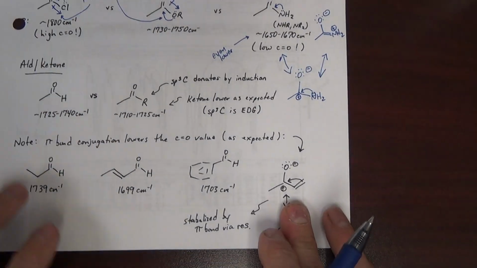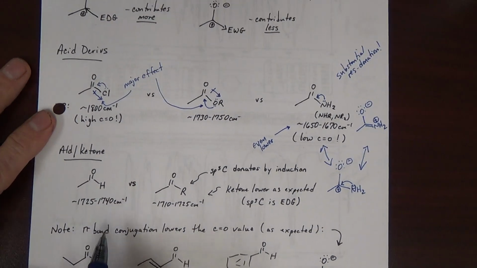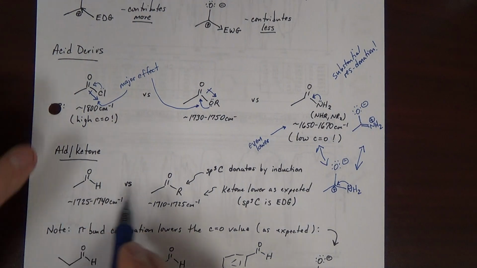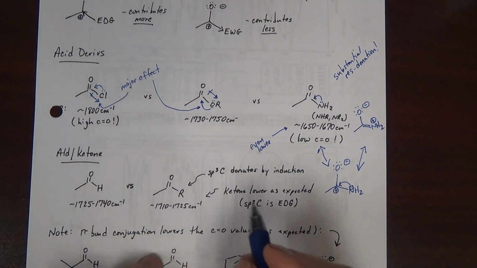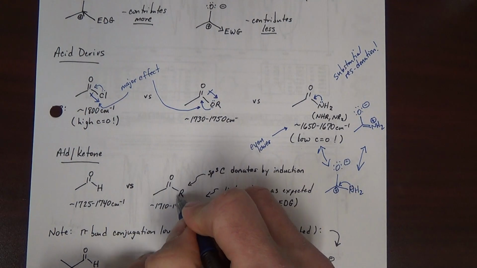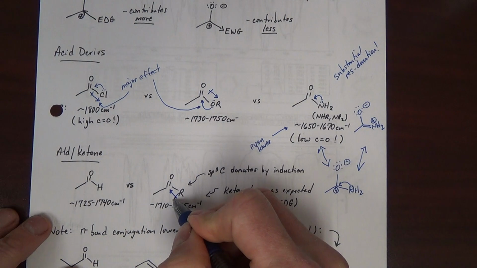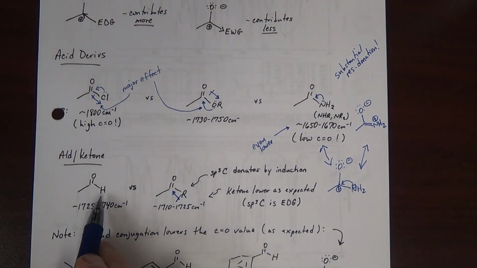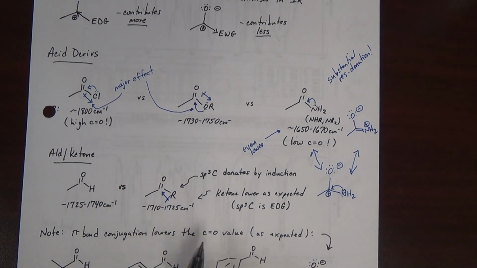Okay, what about aldehydes and ketones? Well, let's compare them. That's just H. We'll consider this just the same here. The difference is H versus an R group. Typically an sp3 carbon is going to donate inductively, versus nothing with the H, no electronic effect to consider there.